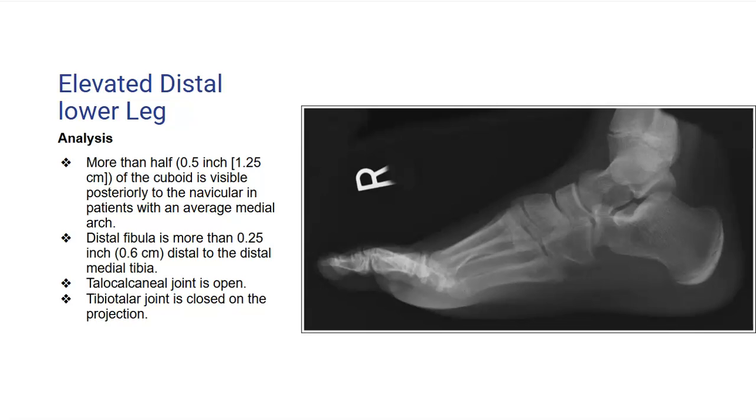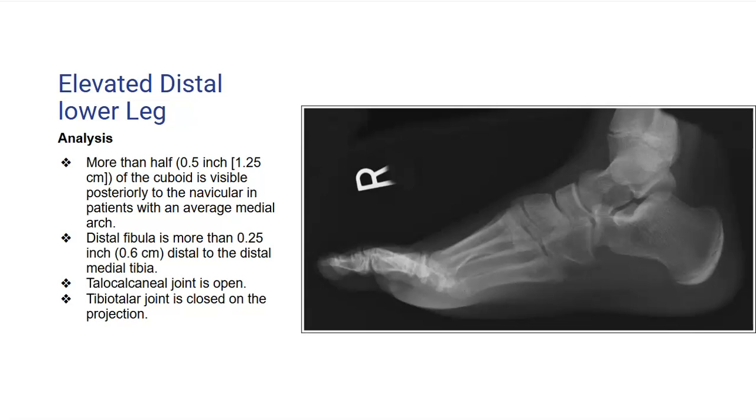Now when the distal lower leg is elevated above the proximal, the lateral talar dome will appear distal to the medial talar dome. More than half of the cuboid will be visible beyond the navicular if the patient has an average medial arch. The distal fibula will be more than a quarter-inch distal to the distal medial tibia.